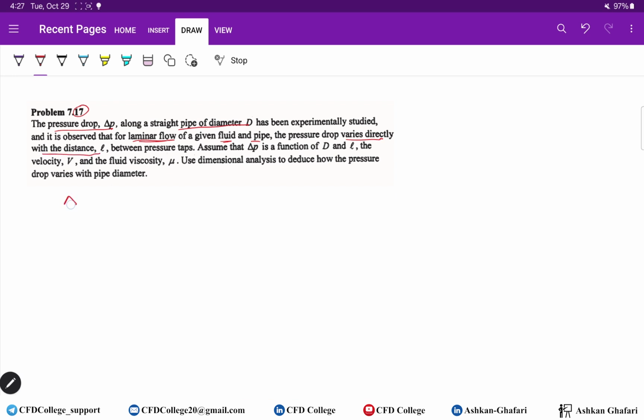So we know that delta P varies directly with the distance.